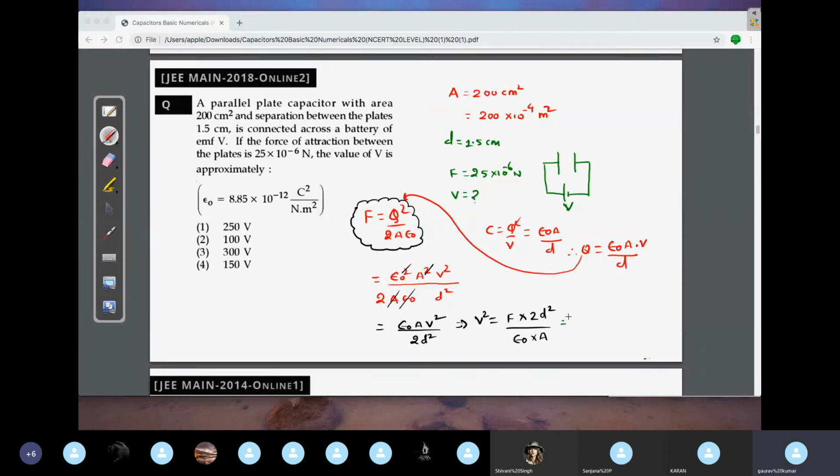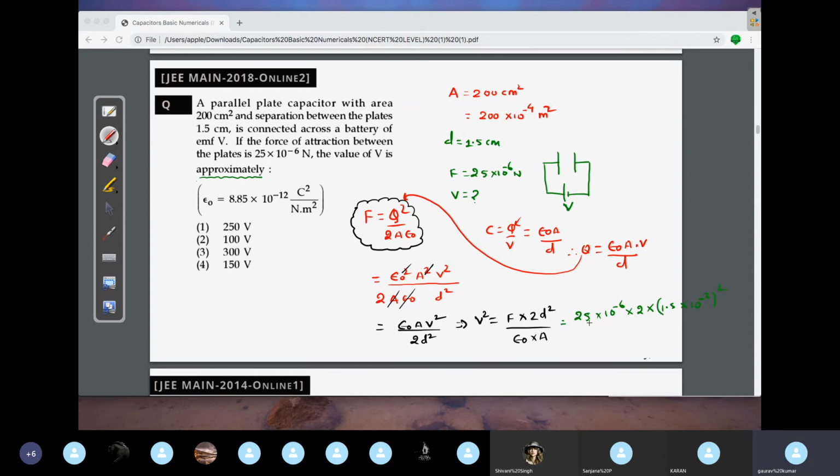So what is force given to you in the question? Force is given as. Achha, by the way, approximately is written as. This, what you can do, some approximation also. So you have here 25 into 10 to the power of minus 6 into you have 2 into d square. What is d square here? 1.5 centimeter, no? So centimeter will convert to meter, into 10 to the power of minus 2.